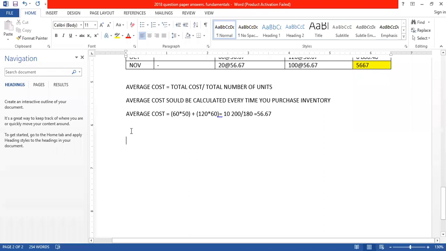In the previous session, when I introduced the topic, I said that the debit side of your cash book is the same as the credit side of your bank statement.